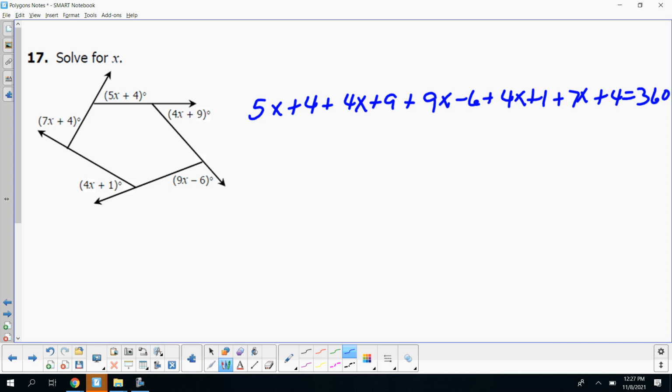Okay, so I have it all set up. Now I'm going to add my x's together. I added my x's, I get 29x. Add all my whole numbers, I get 12, so 29x plus 12 equals 360.